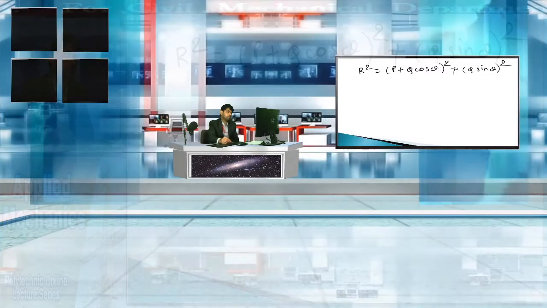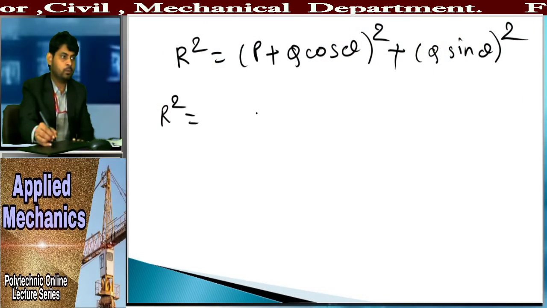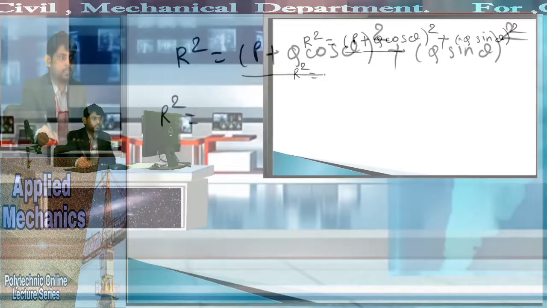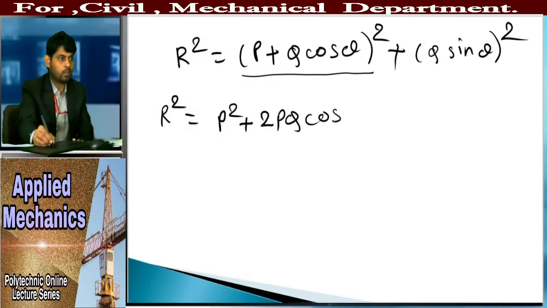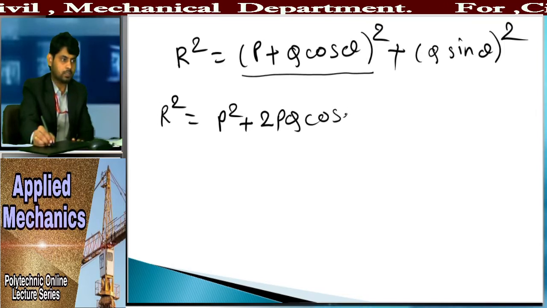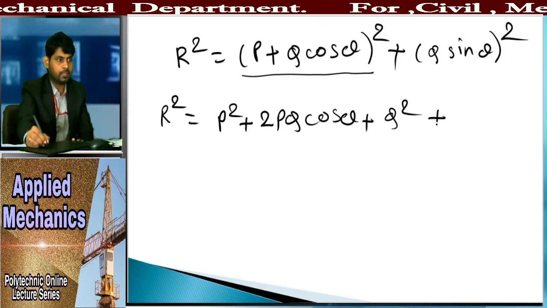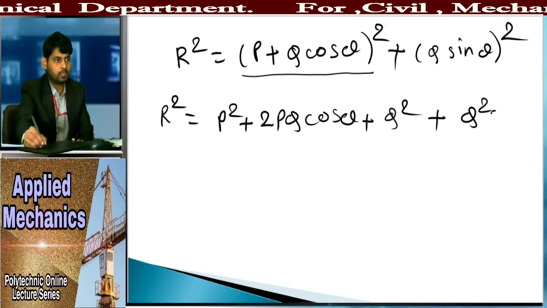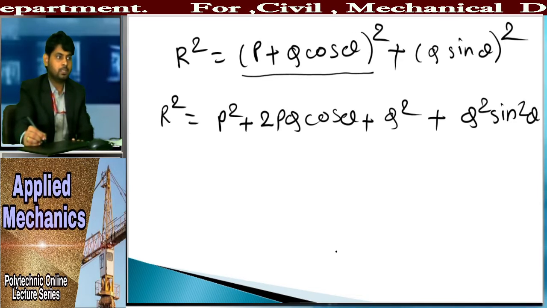Now expanding the square, R square is equal to P square plus 2PQ cos theta plus Q square cos square theta, and plus Q square sin square theta.